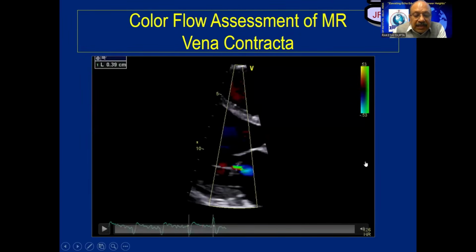How do you recognize? Here is the pointer, which is at the end of the T wave, just at the end of systole. Look, this is the color through which the jet is originating from mitral regurgitation. So this is the width of the jet, which shows how much is my vena contracta.